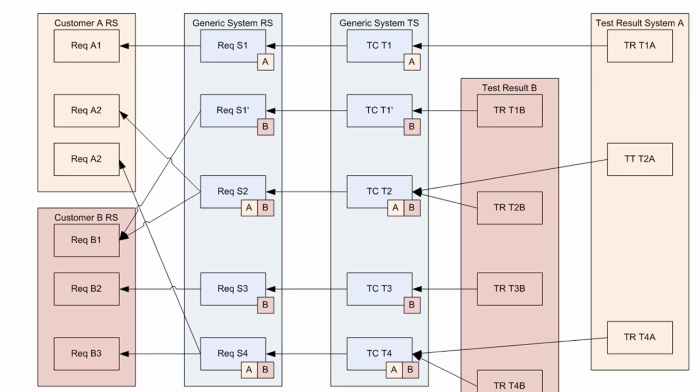When reusing a requirement for our variant, it is also natural to follow the link and reuse corresponding test cases. This also means reusing traceability links between reused requirements and test cases.